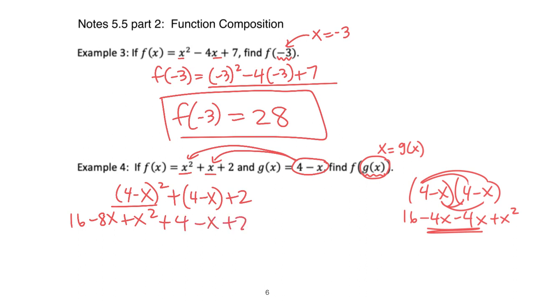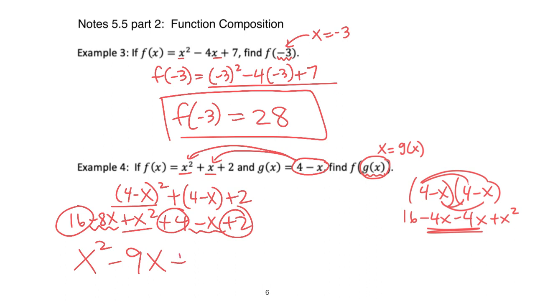We don't really need parentheses around that one. Plus 2. Now let's just put together our like terms. The x squared doesn't go with anybody, so I'm going to bring that down first. The x's here and here can go together to give us negative 9x. And then we have 3 numbers that can go together, 16, 4, and 2, to give us 22.